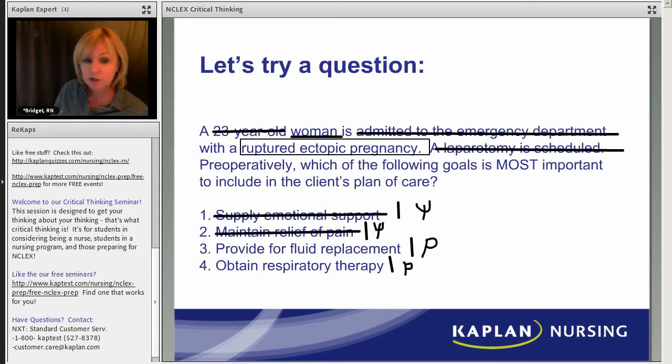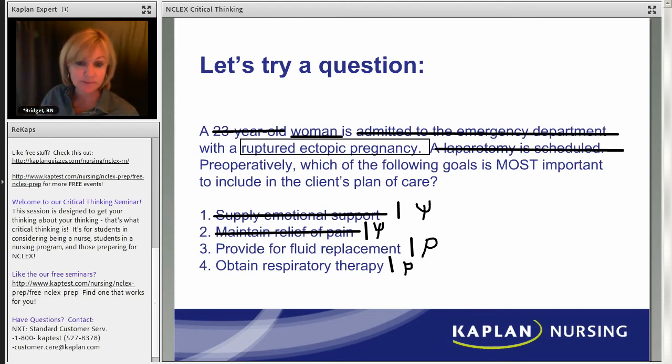People that are having a ruptured ectopic pregnancy, do they need emotional support? Yes, they're having a ruptured pregnancy. But on the NCLEX, just like in the real world, you have to prioritize, and you have to pick one thing to do. What's most important? Not supply emotional support. And they have a lot of pain, but relieving their pain will not stop them from having the ruptured pregnancy.